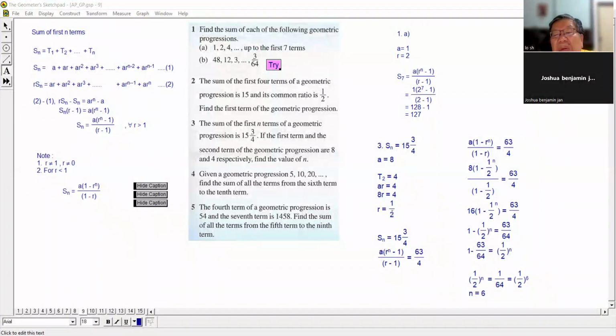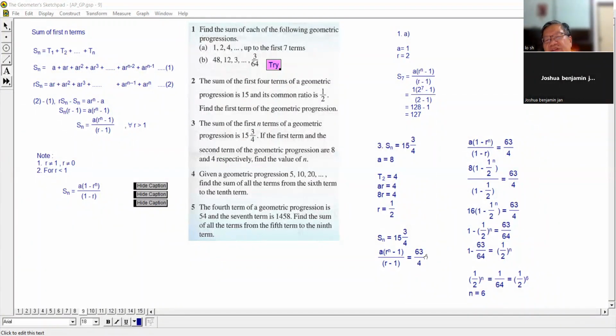So where is it now? Here. We write down Sn equals this one, 15 and 3 over 4. 15 3 over 4, I change to improper fraction.